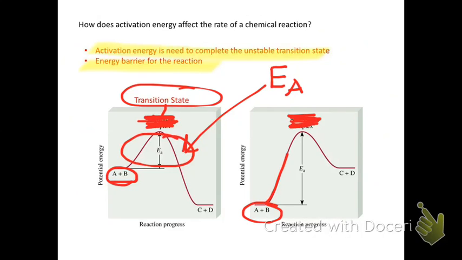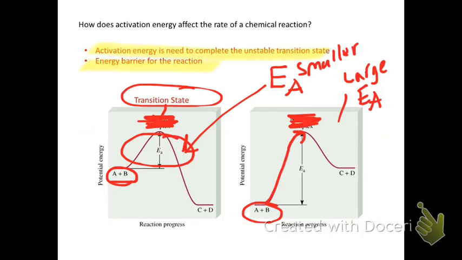It has a larger energy barrier that it must overcome. So this needs a large activation energy, and the other one needs just a smaller amount of activation energy in order to start the reaction that occurs between these reactants and products.